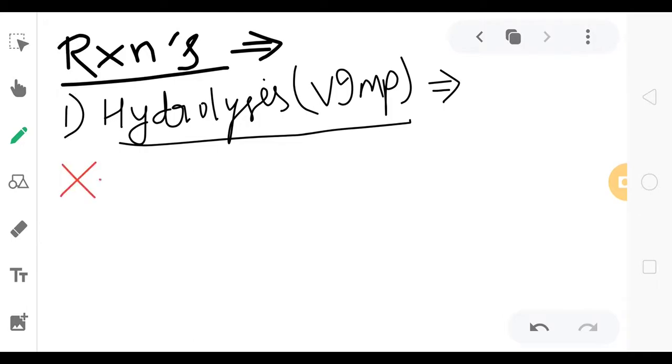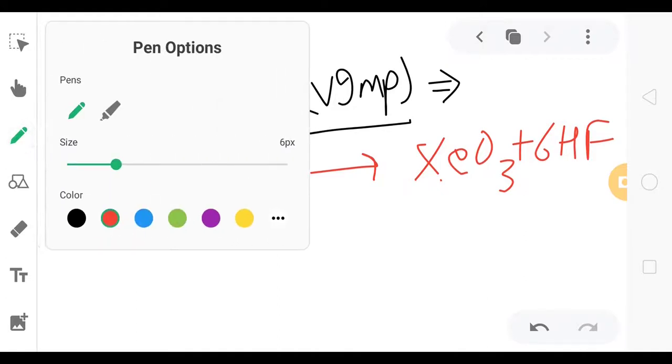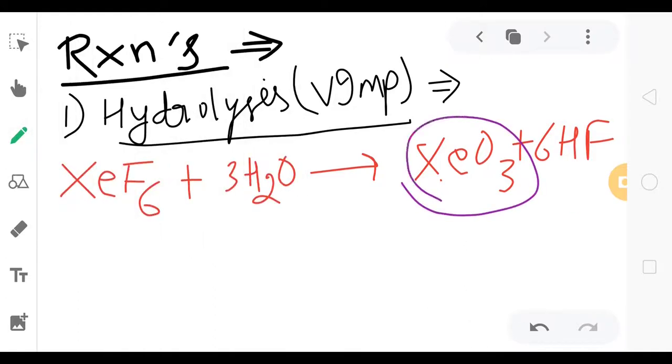The reaction is that when you put xenon hexafluoride with water, I am writing the balanced equation, then you will be getting xenon trioxide, XeO3, and 6HF. This is very important, and this XeO3 is an explosive.